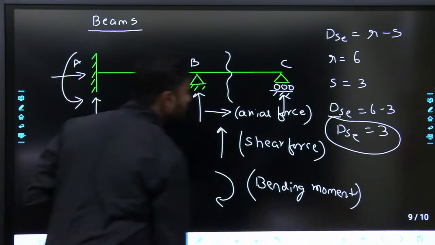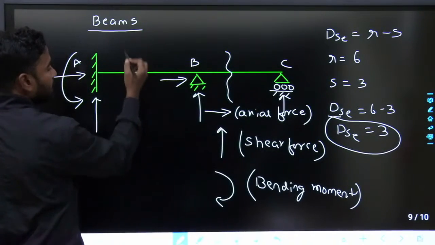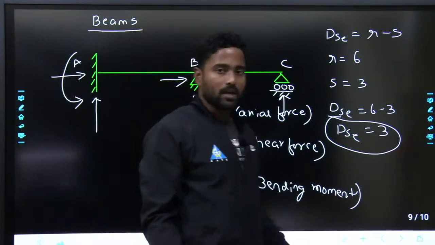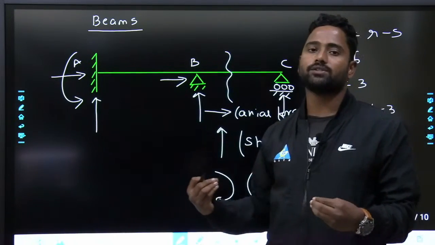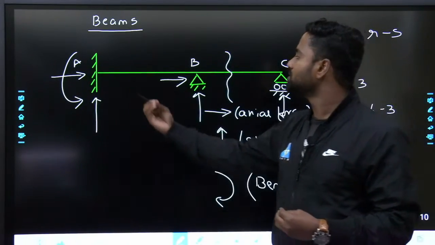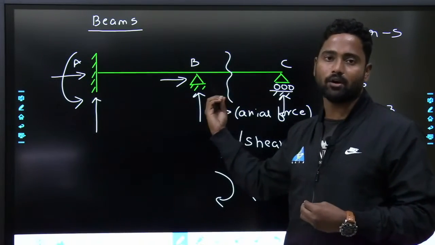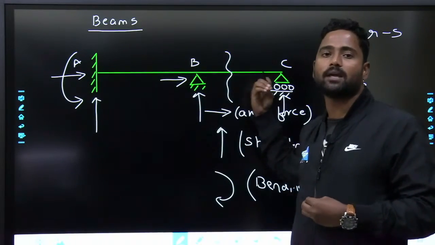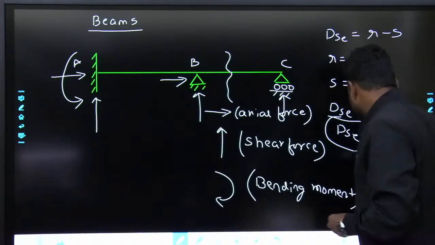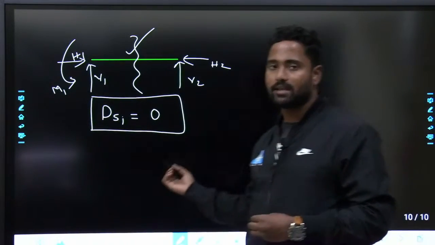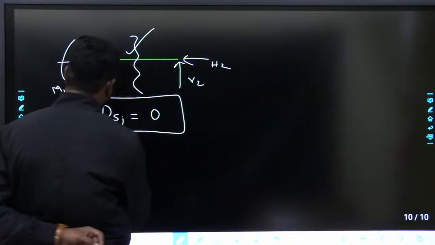I am not talking about trusses. For beams, internal indeterminacy is 0. Why? Because if external reactions are known, forces in all the members can be calculated. That's why I am saying internal indeterminacy is 0. So I can say that internally determinate.